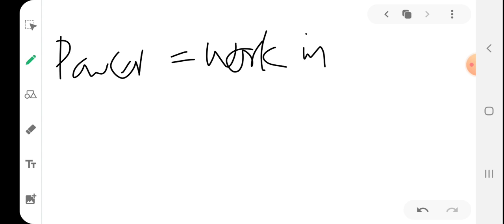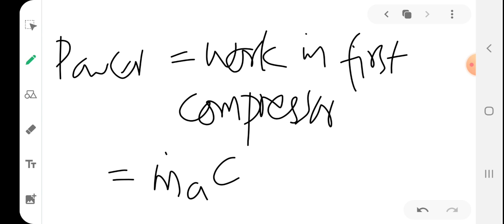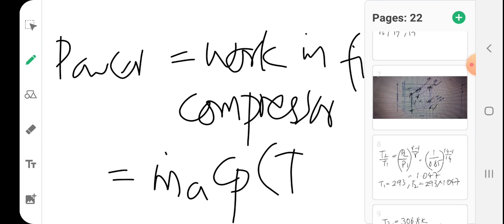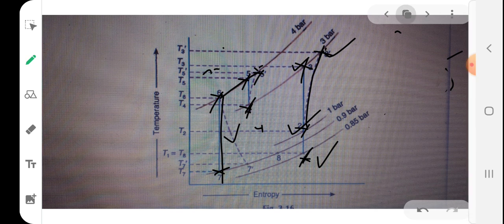So you got the value of m dot a. Now power will be equal to the work in the compressor. Work in the first compressor is enough. Primary compressor work can be found as m dot a into Cp into (T3 dash minus T2), since the work is happening from 2 to 3 dash.